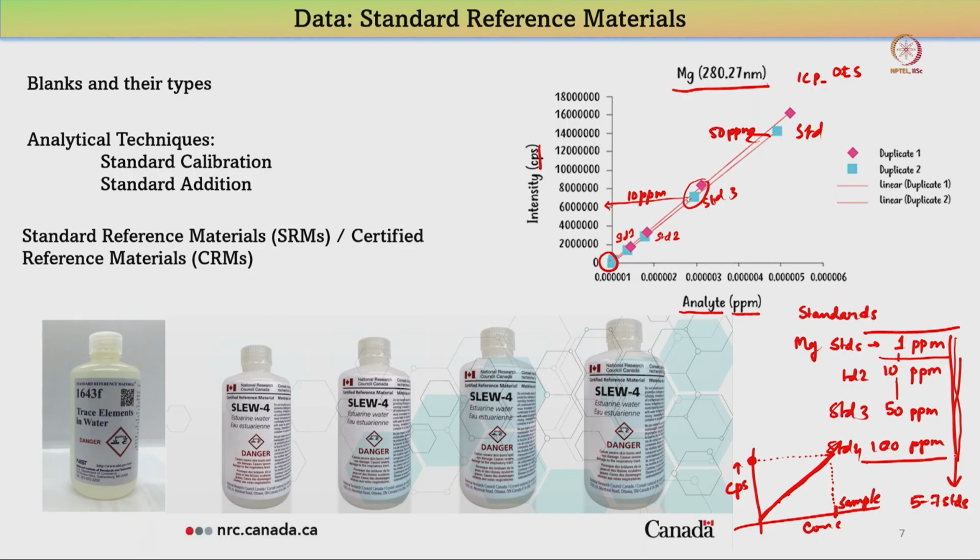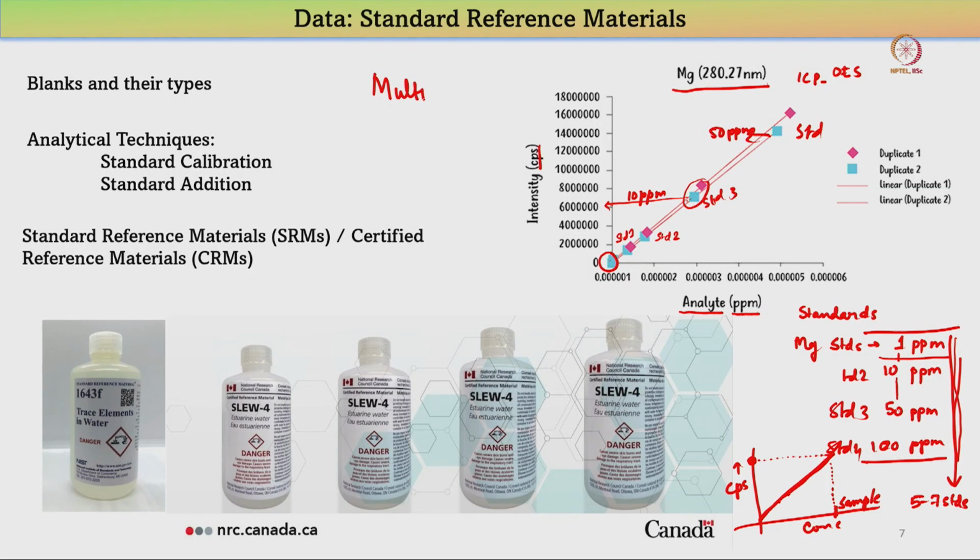Since in cations and in trace elements we are doing multiple elements, we generally have something called the multiple elemental standards. In the multiple elemental standards, you have a mixture of elements, and these standards are extremely highly concentrated.